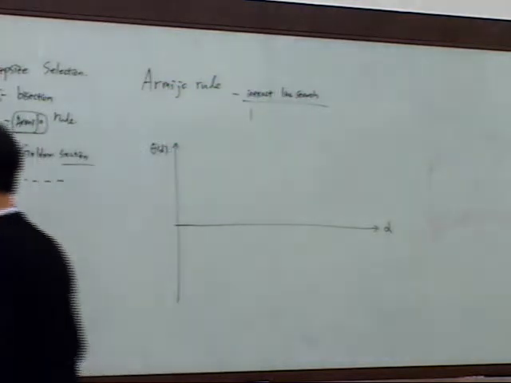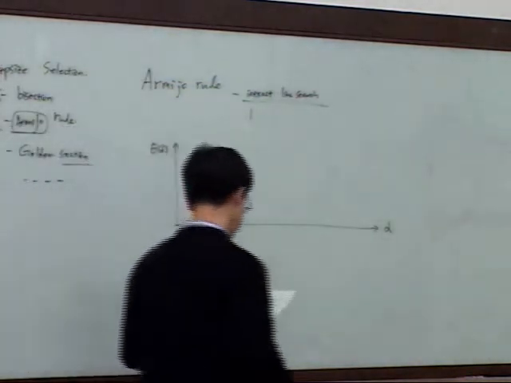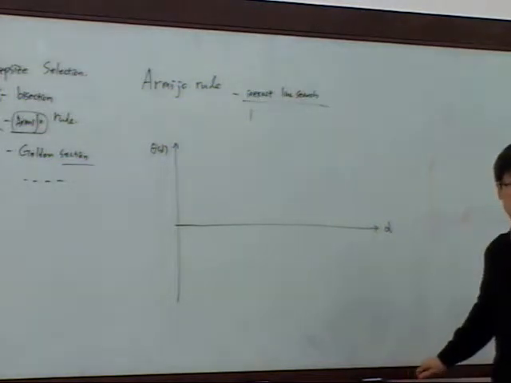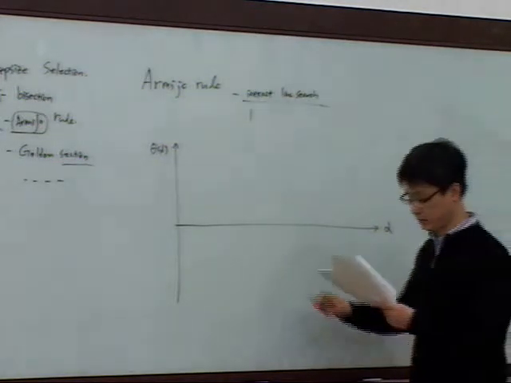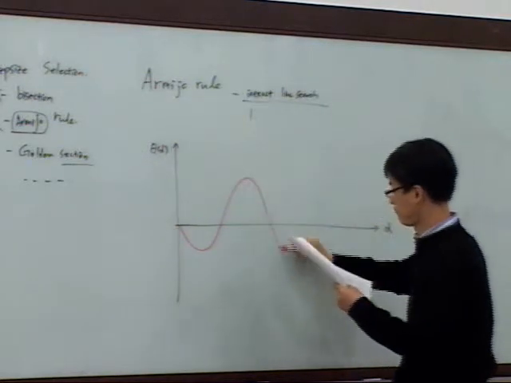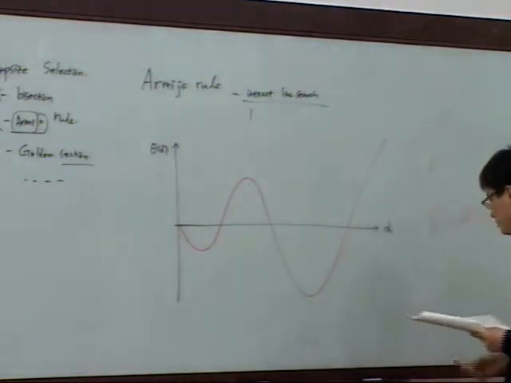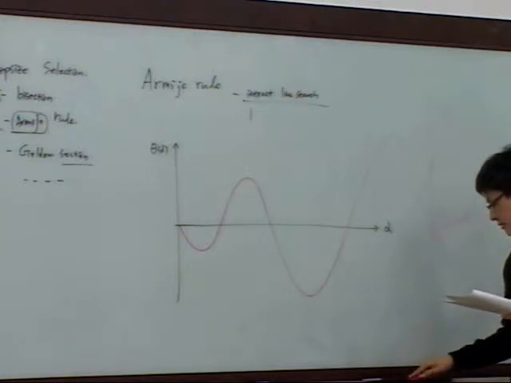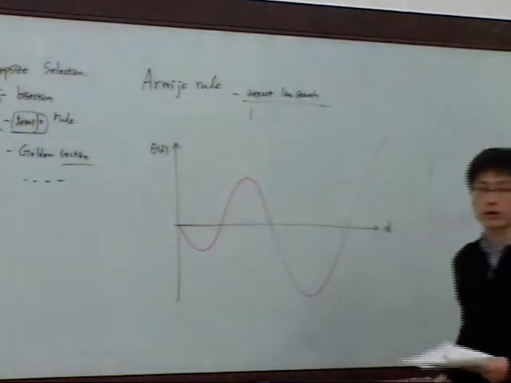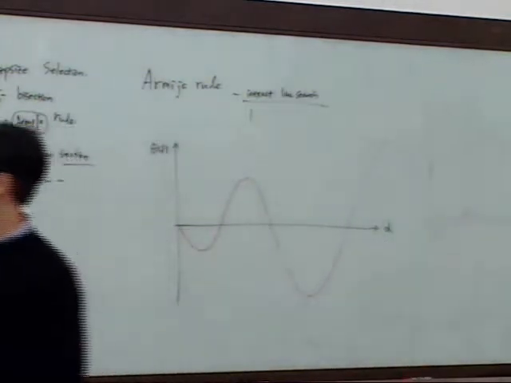So for illustration purposes, let's assume we have a theta alpha function like this. We only have to consider this part, alpha greater than 0.